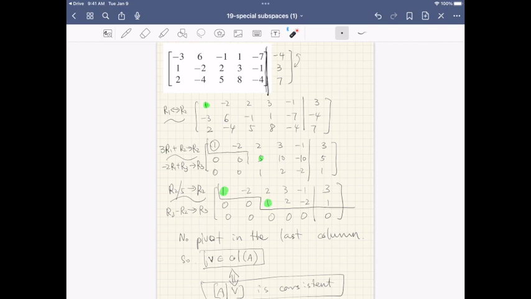Because we've already done this, from this we came to this REF, so we can start from here.